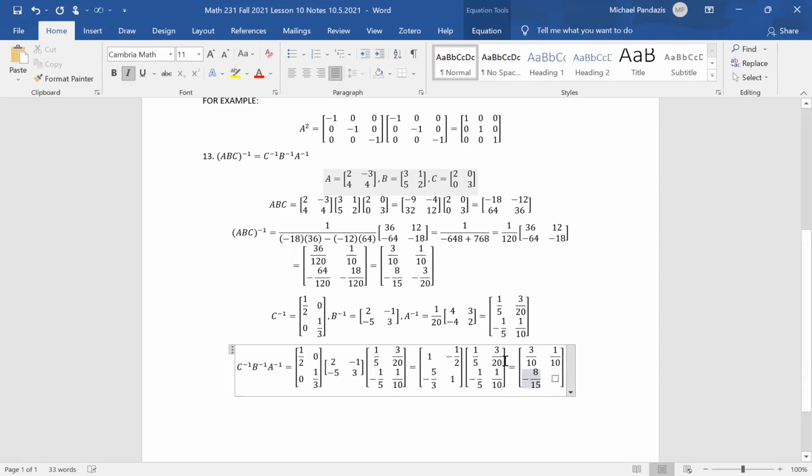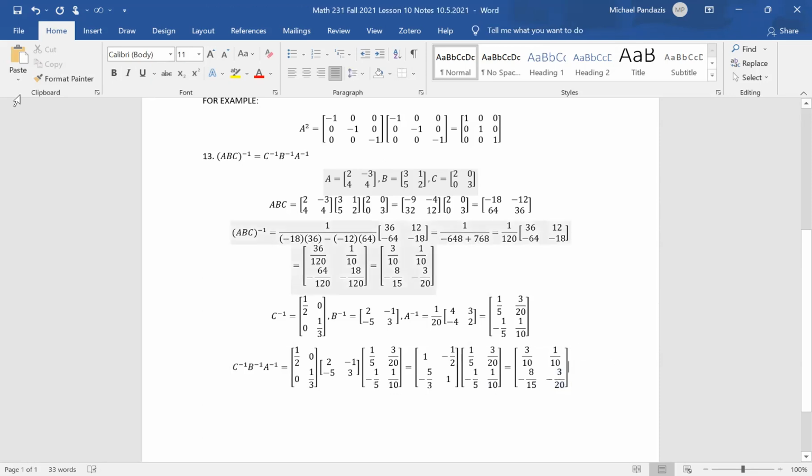And then here we have -1/4 plus 1/10. So we have -10 plus 4 over 40. We have -6 over 40, which is -3 over 20. Good. That's -3 over 20.